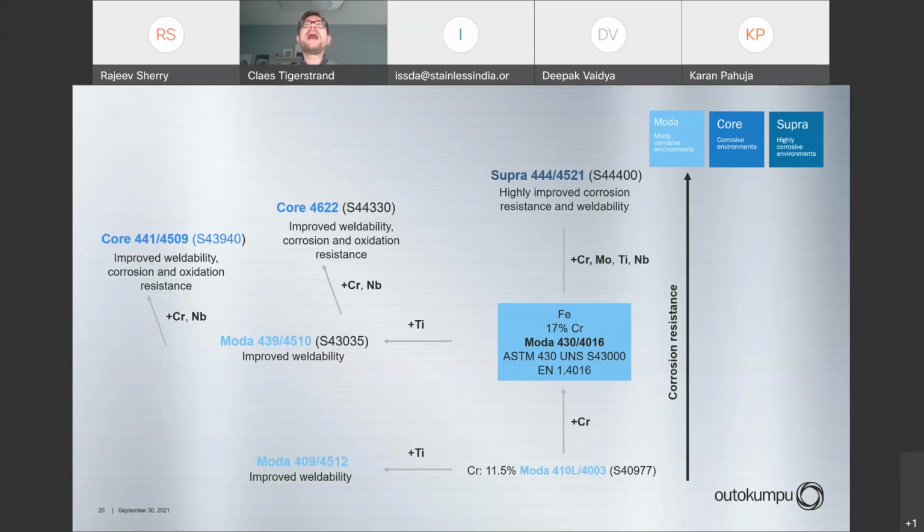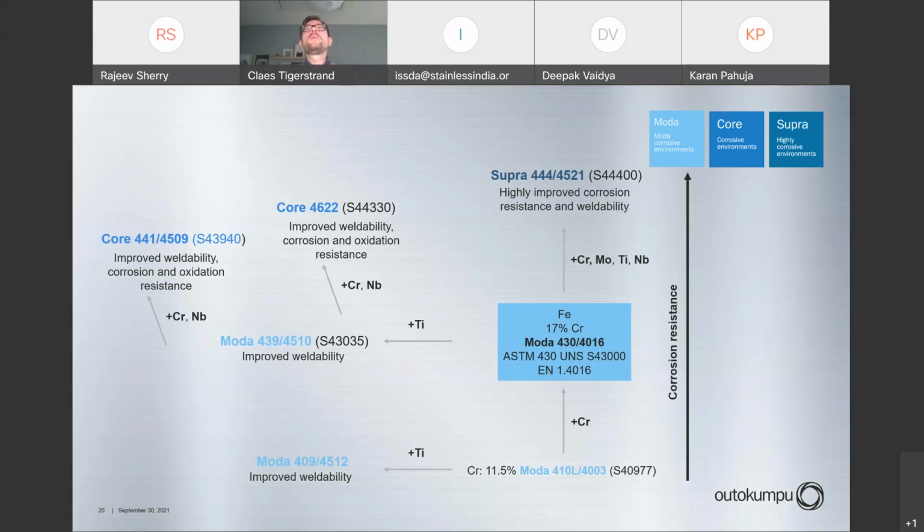Then the highest resistance of a ferritic grade, at least what we produce, is entering the supra range, and that is supra 444, or what is called in the European standard 1.4521. A lot of numbers here. Here you will have the highest possible corrosion resistance and a good weldability due to the stabilization from titanium and niobium. So here it is not only chromium adding to the corrosion resistance, also molybdenum.